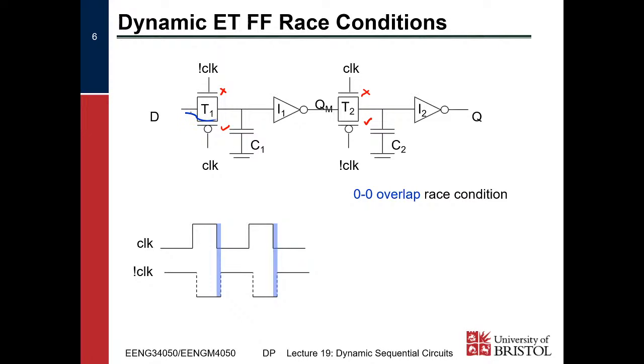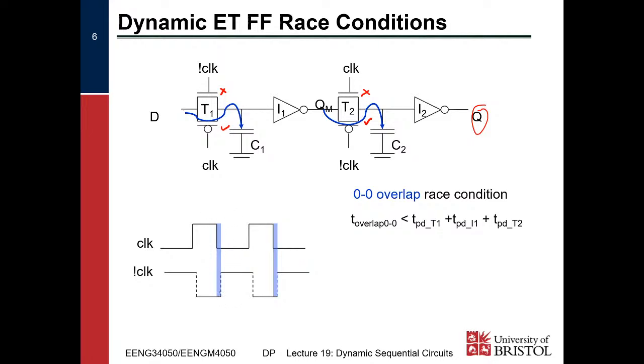So therefore, a value can propagate through to C1, through I1, through to QM, then through this transistor to C2, and result in a disturb on Q. So on the negative edge of clock, presuming clock runs slightly before the inverted clock, we can see that whatever's on D can go all the way through T1, through T2, out to Q, and cause a transition, right?